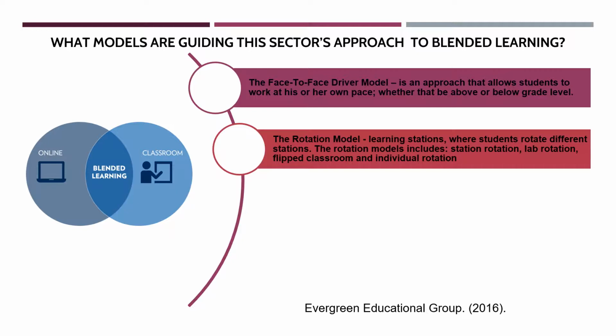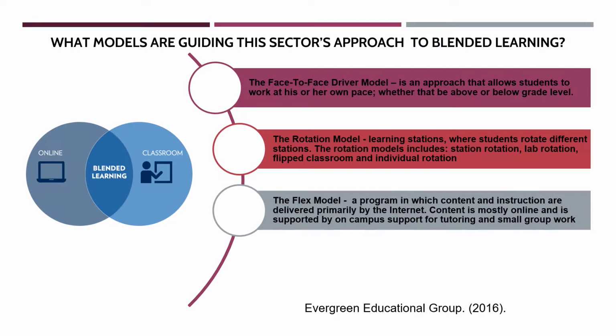The flipped classroom is where course content is primarily online and is supported by the in-class component. And the individual rotation is when each student has their own schedule, which is based on their own needs.